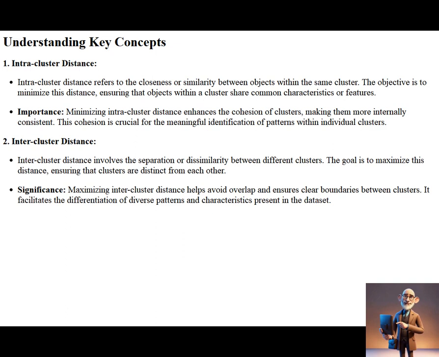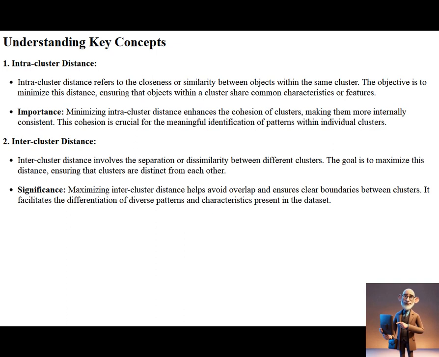It ensures that each cluster represents a unique set of patterns or characteristics. This separation facilitates the differentiation of diverse patterns present in the dataset. Visualize it as creating distinct territories within your data landscape, each with its own unique identity.